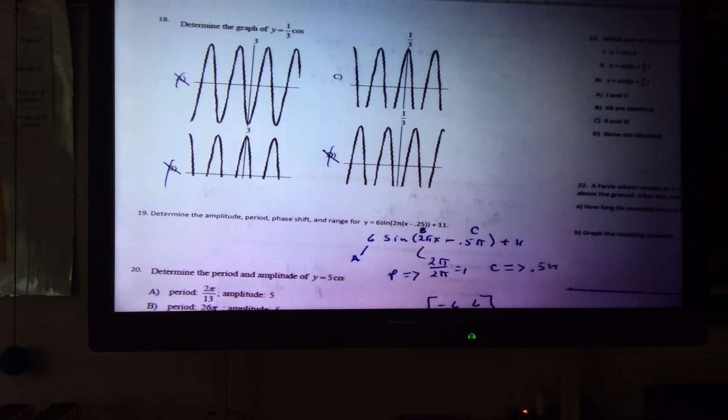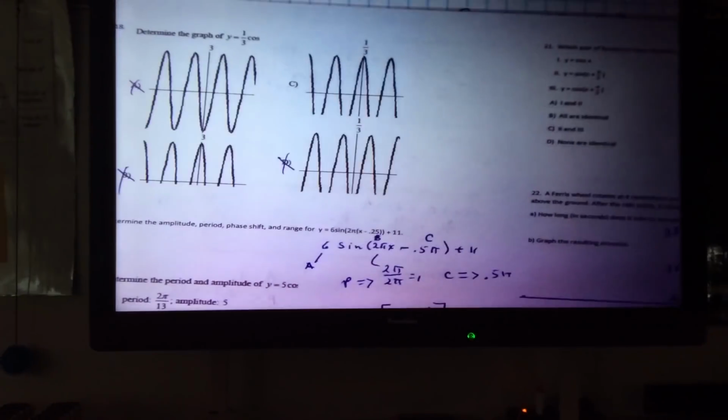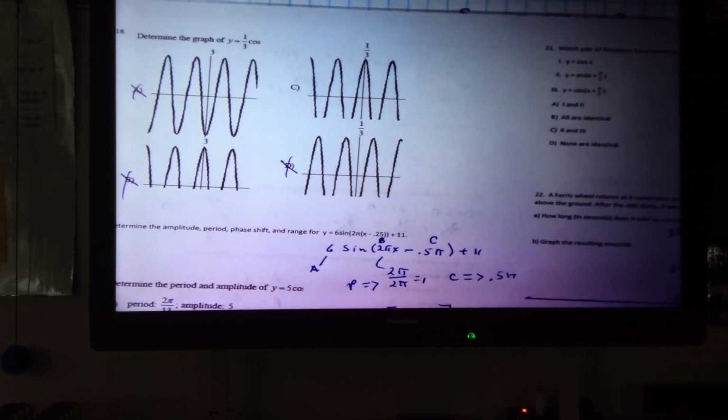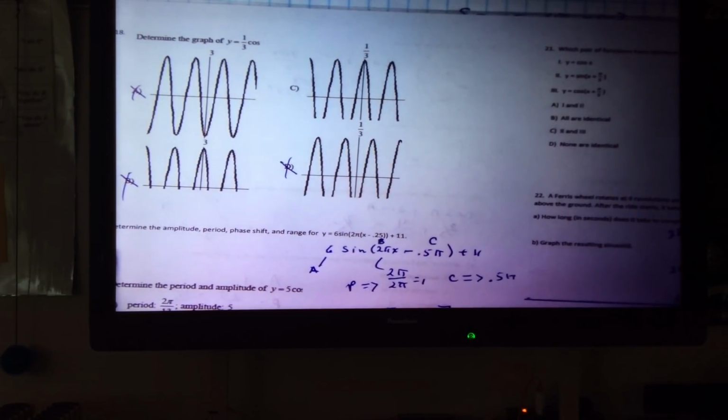So it's going to be 5 to 17. And that's the range. Number 19 is probably going to be a bubble-in.